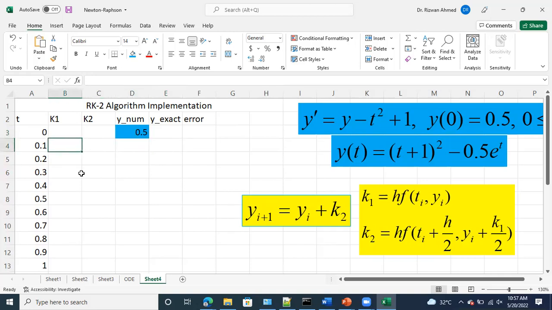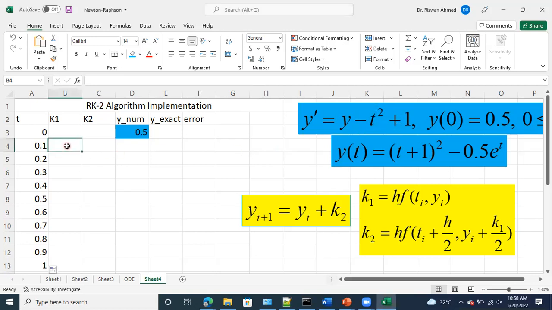Now the first calculations begin with the calculation of K1. The expressions written in Microsoft Excel are like the expressions you write on your calculator. So I have to write the expression for dy. Every time I refer to f of t, y, it means this expression, y minus t squared plus 1.